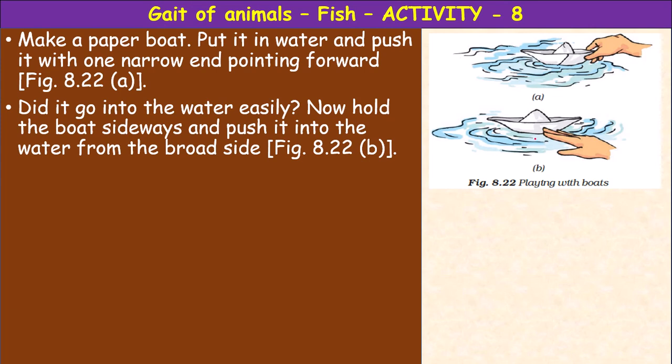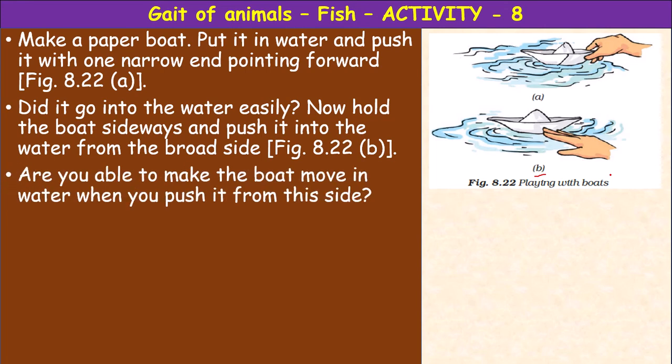From the broad side when you push, in A it covers less distance. In B it covered some distance. Are you able to make the boat move in water when you push it from this side? Yes.